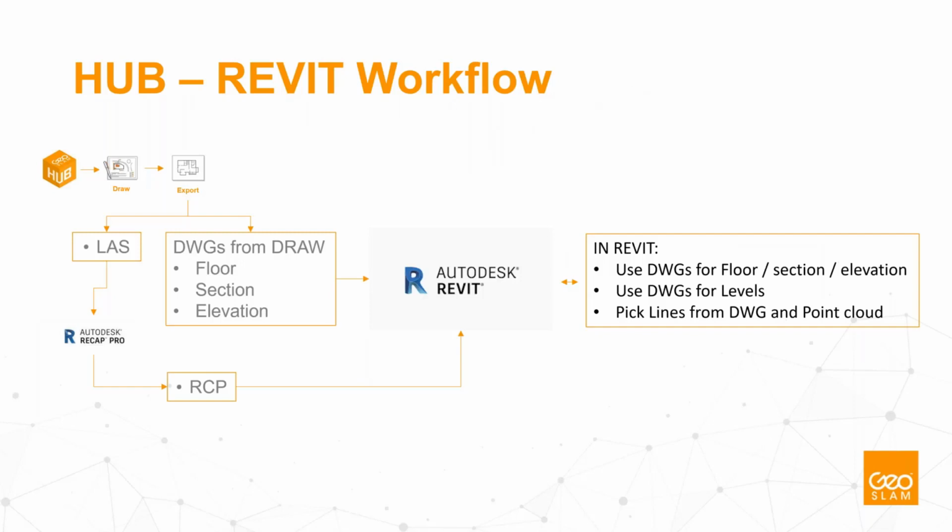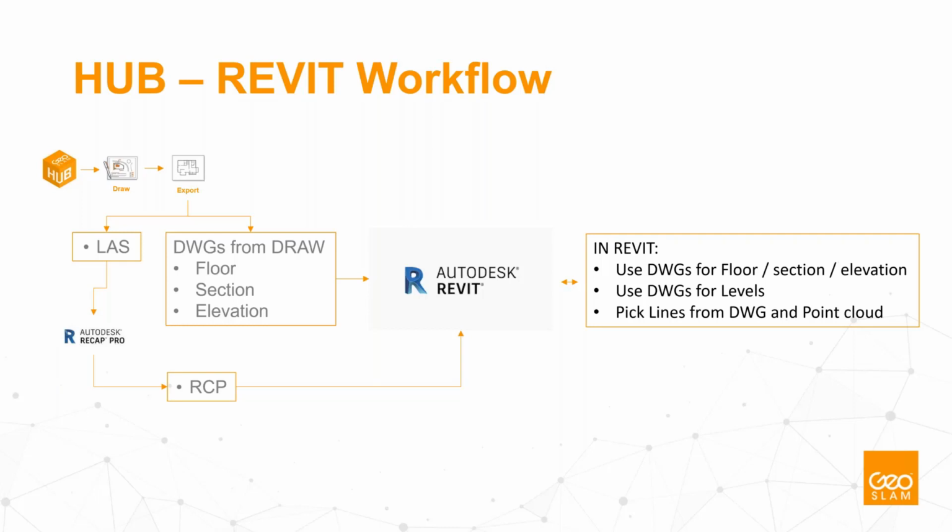This one is of a particular example of one of our partners who is very experienced in Revit. And what they would do is they would take the data from Hub, would export the DWGs floor sections and elevations from Draw, would export an LAS file from Hub.